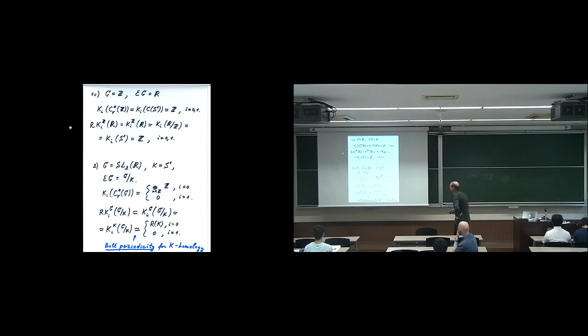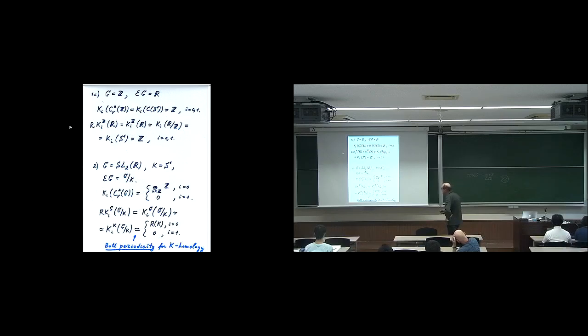A more sophisticated example is this one, SL2R, and you can check directly. We already know that the K-theory is calculated like this, but there is also a calculation for G mod K. As I said, this reduces to the case of the compact group action. And G mod K in this case is a Poincaré disk, and K is just the circle rotations group. And so there is a Bott periodicity which tells you that this is just R of K, which is the same as this one.